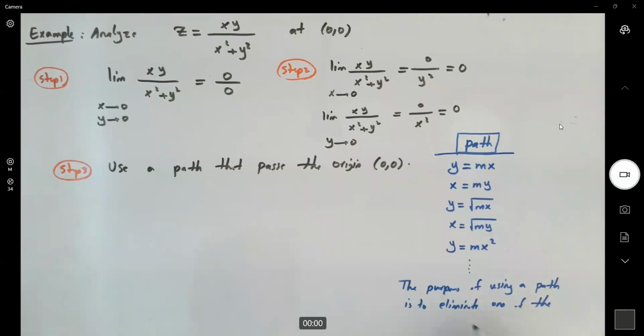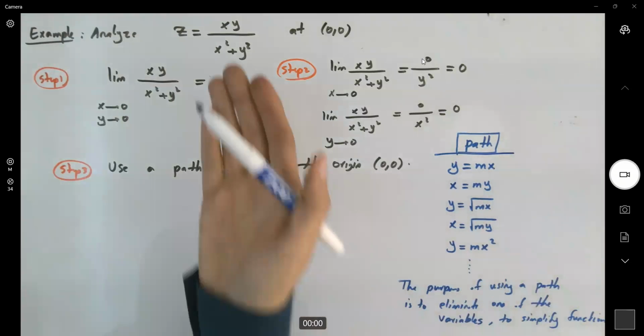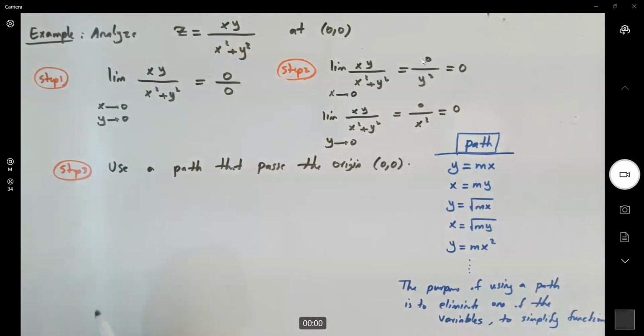Of course, if you don't have extra variables, you can easily go back to elementary calculus and actually calculate the limit easily. So the purpose of using a path is to eliminate one of the variables to simplify your function. That's the whole purpose. So by inspection, you're going to select the best path that makes your function simpler.